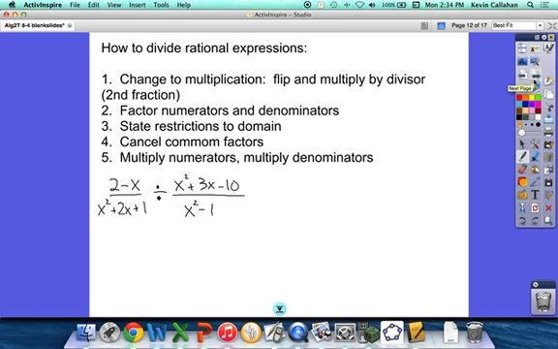Okay. So now, again, we had to add a step when we go from fractions to rational expressions that includes stating restrictions. So the first step is going to be, let's turn it into a multiplication problem. 2 minus x over x squared plus 2x plus 1 times, now what goes after? Put the x squared minus 1 on top, and in the denominator, x squared plus 3x minus 10.